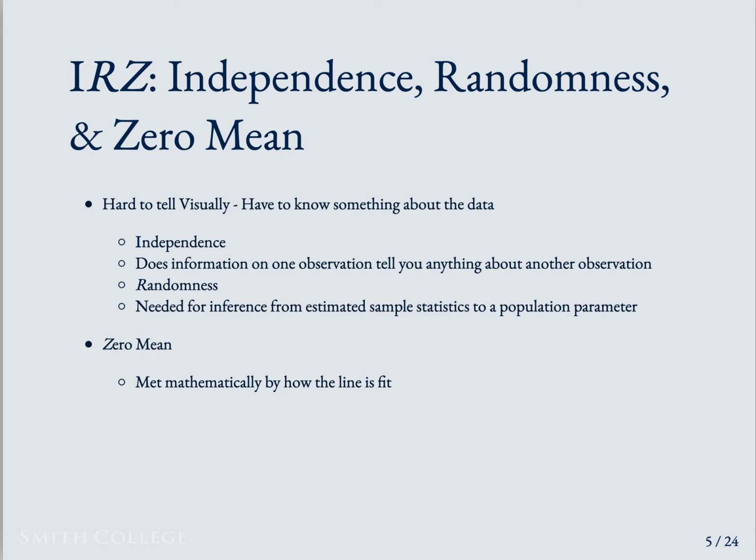Those sorts of violations. Randomness is also a function of really understanding the data in the sense of, is this an appropriately selected sample for making the inferences to a larger population? So if we had taken a convenient sample of the first 10 people who walked into Burton in a given period of time, would that actually be an appropriate reflection of all Smith students?